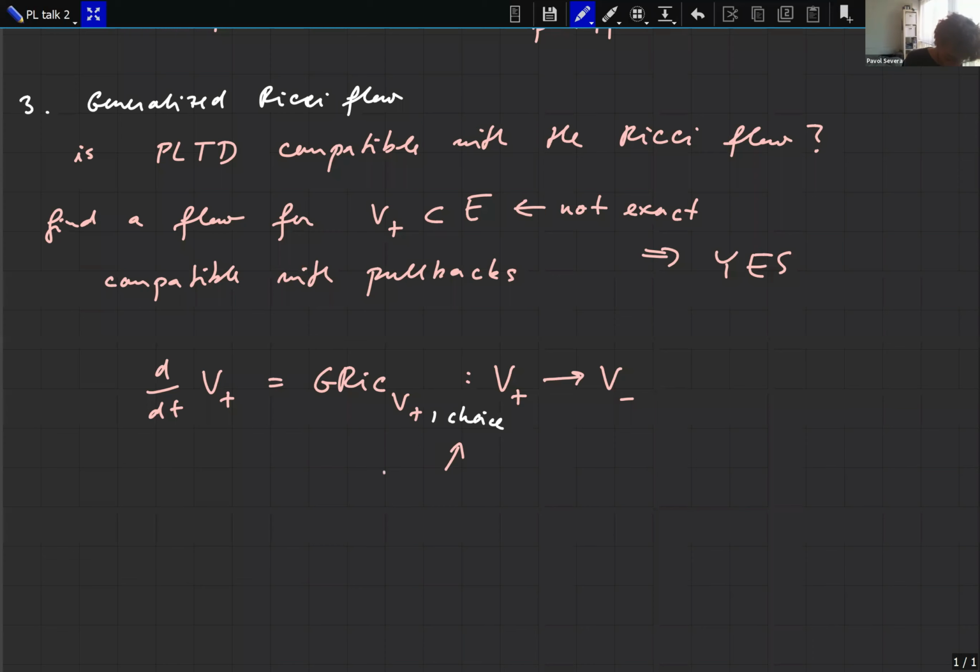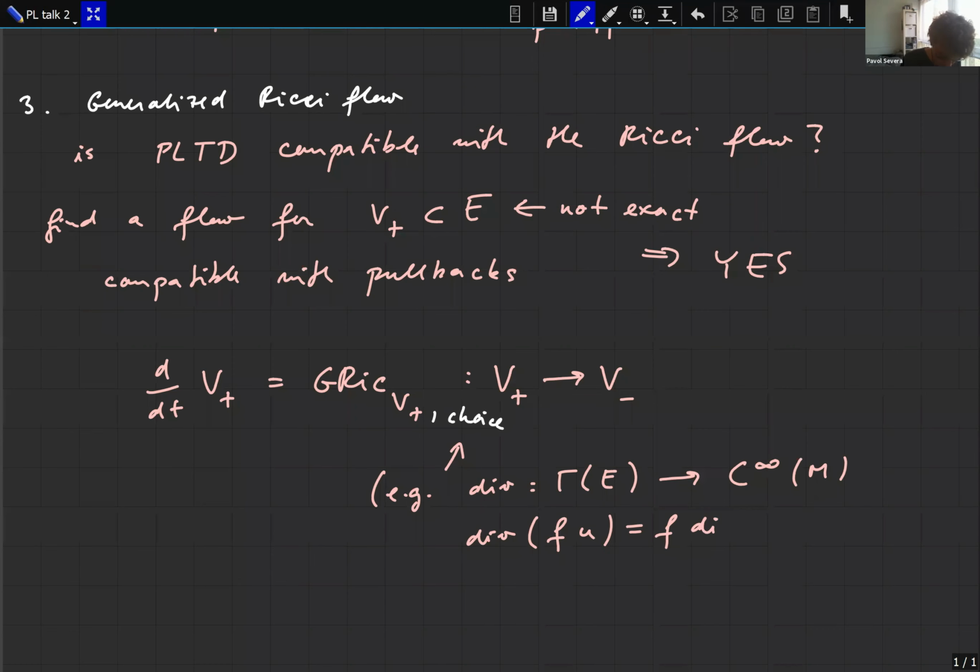Divergence, let me write what it is. It's a linear map going from sections of E to functions, which satisfies that the divergence of a function times a section, f times U, is the same as f times the divergence of U plus the anchor ρ of U acting on f.